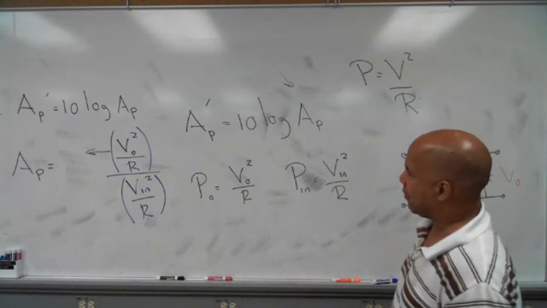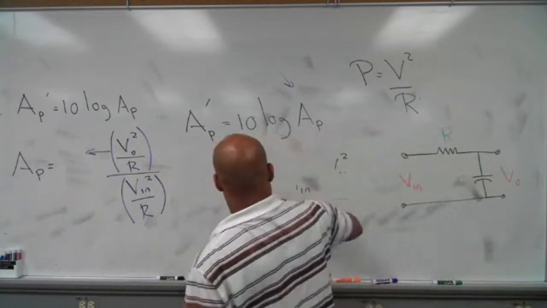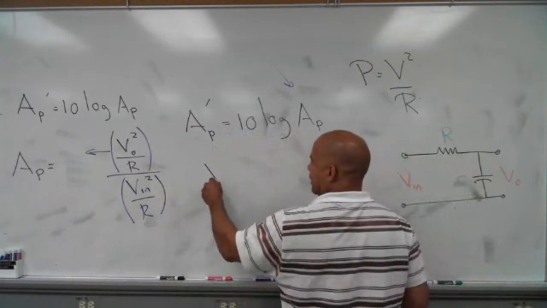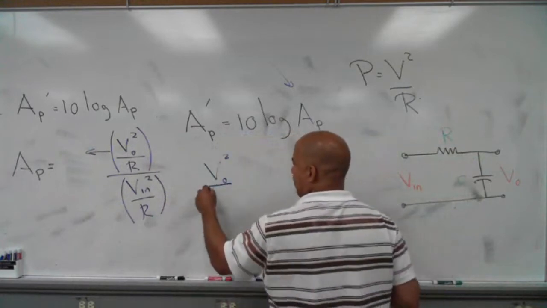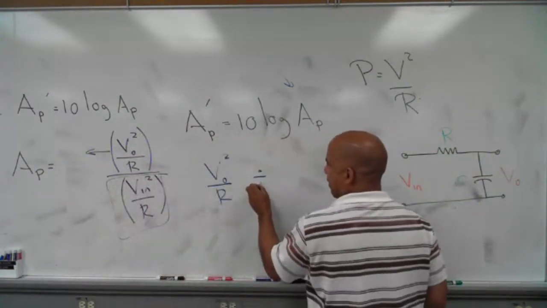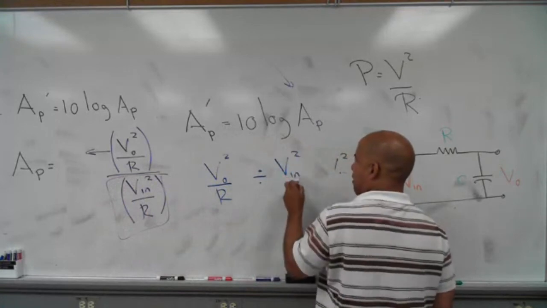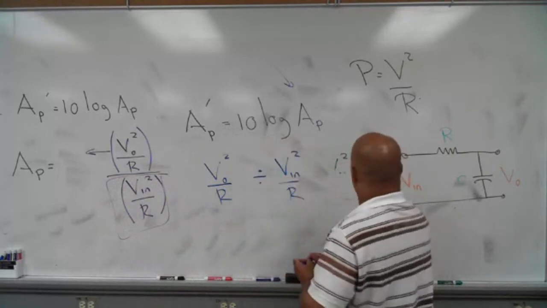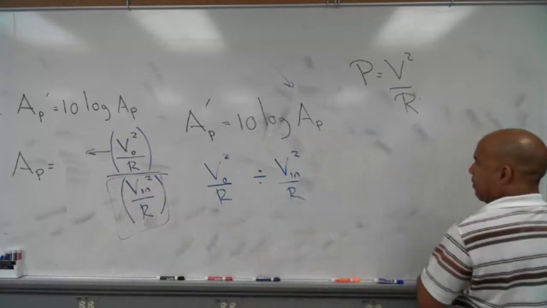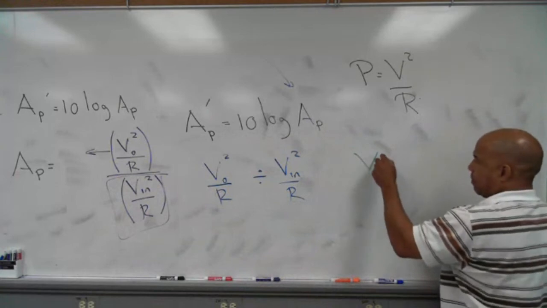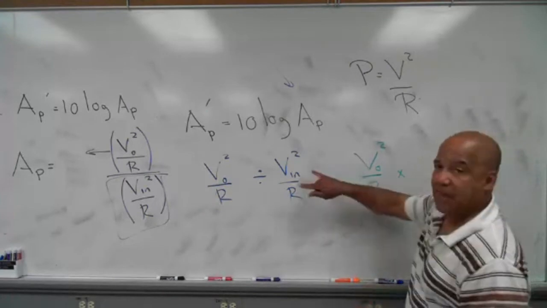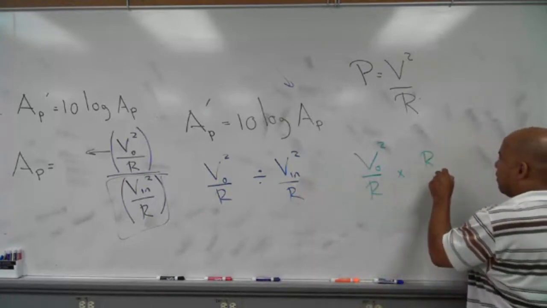But look at what I have here. I have the top fraction, V out squared over R, divided by the bottom fraction, V in squared over R. And you remember when you divide fractions, you take the first one, change it to multiplication, and flip the other one over.